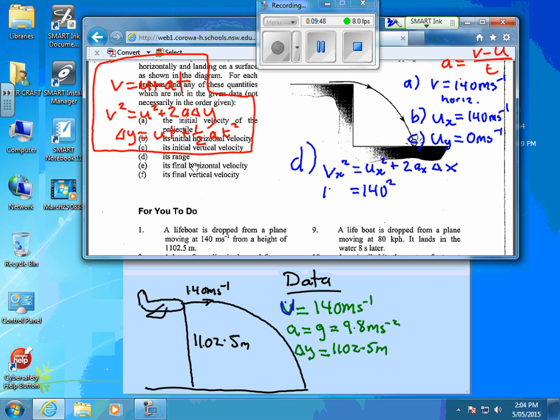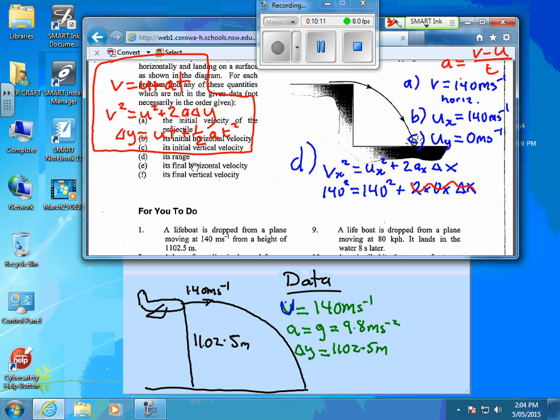So that's 140 squared. What's the acceleration sideways? 0. 2 times 0 times delta x, so that part of the equation disappears. And all I find out is 140 squared equals 140 squared, and everyone goes, oh darn, that doesn't work.